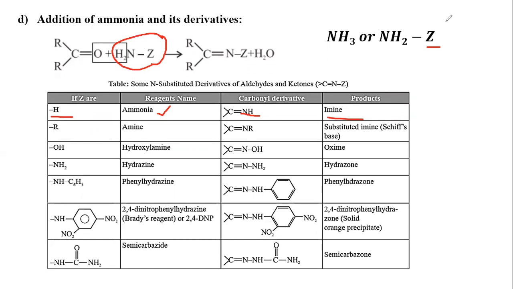Similarly, if Z is R, it will be RNH2, and the product so formed after the liberation of water will be substituted imines. Similarly, if Z is a hydroxyl group, then the product so formed will be oxime.